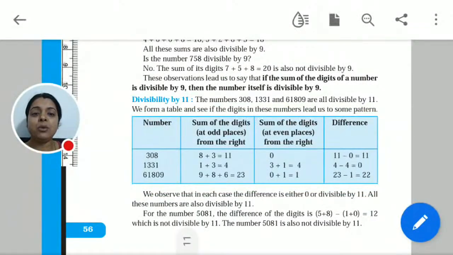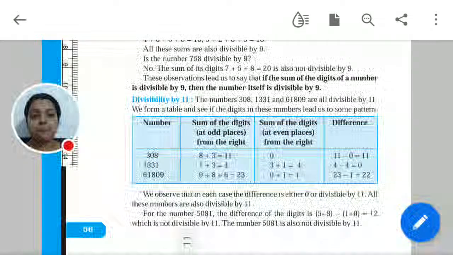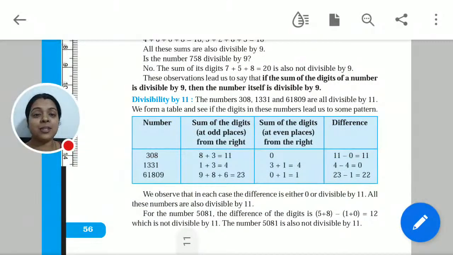Everybody knows the even number and the odd number. But let me tell you very clearly, here we are not talking about the even number or the odd number. We are talking about the even place and odd place, and then we have to check even place and odd place. How to do? Let's see.